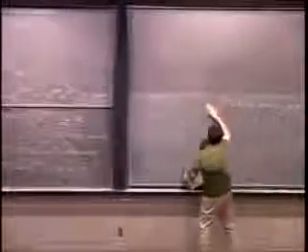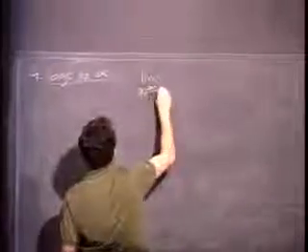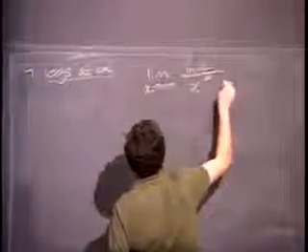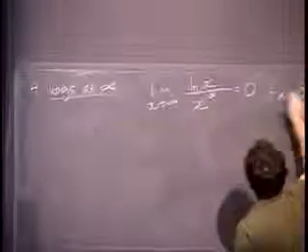All right, let's talk about logarithms. Okay, logarithms are pretty much the opposite of exponentials. In fact, they are the inverse functions. So logs at infinity, here's what you need to know. Again, I'm going to use the fact that logarithms are smaller than any power of x.